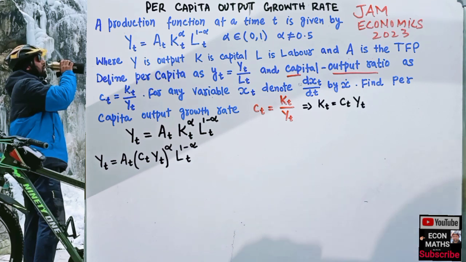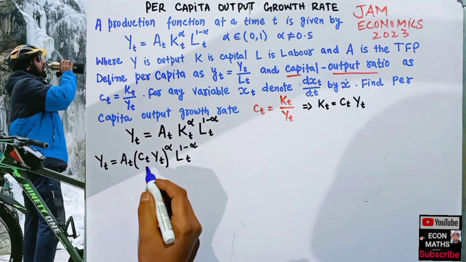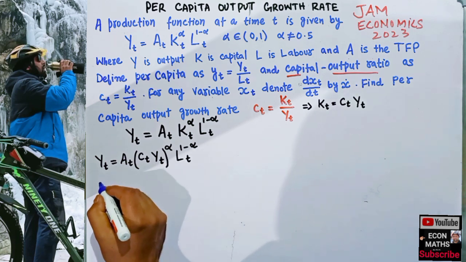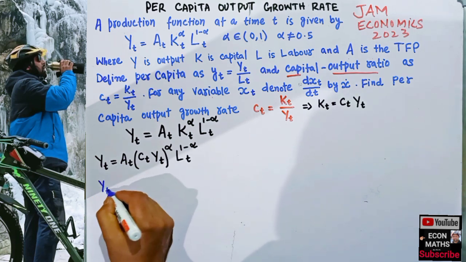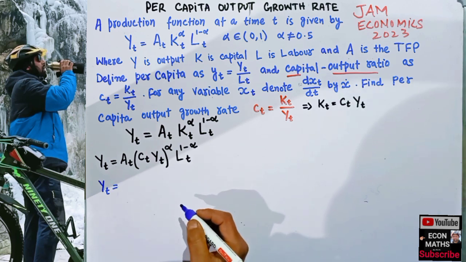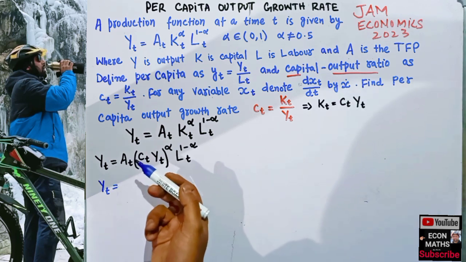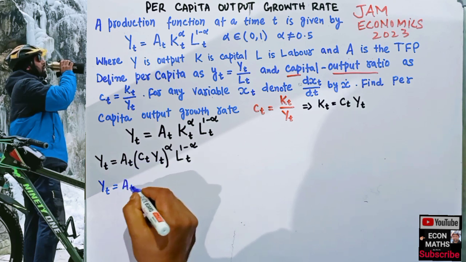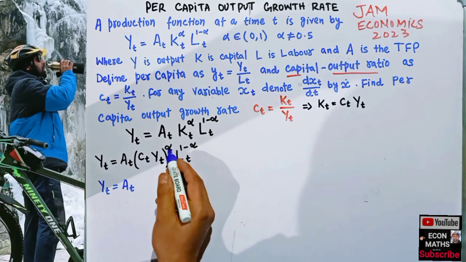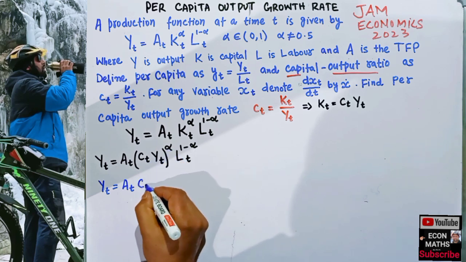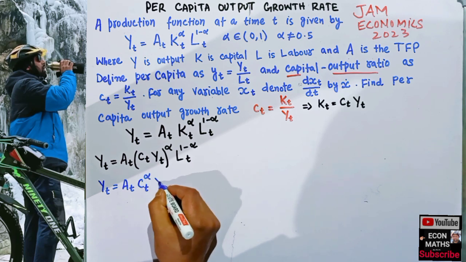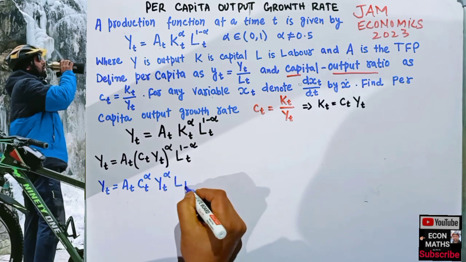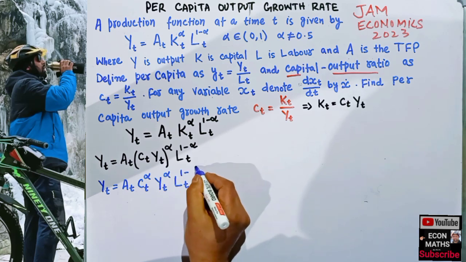That implies we can write Y_t = A_t C_t^alpha Y_t^alpha L_t^(1 minus alpha).